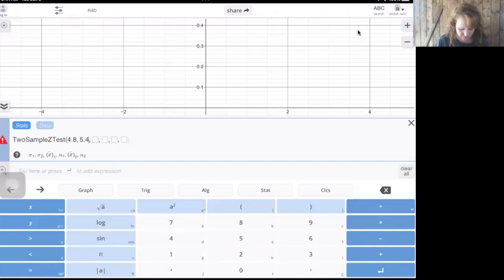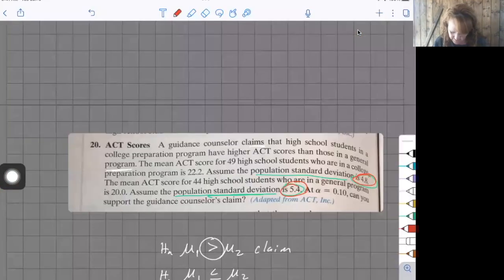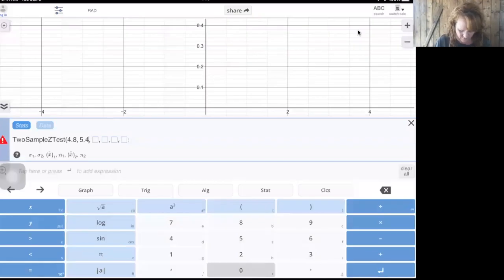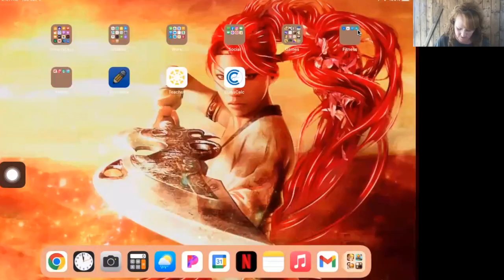The next thing I'm going to look for is my sample 1 mean and size. So that's going to be my sample size for my first group is 49, and I've got a 22.2. Okay, and then the last 2 things are the sample mean and the sample size for the second group.